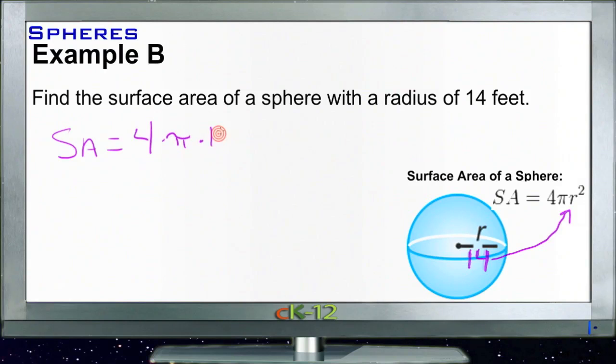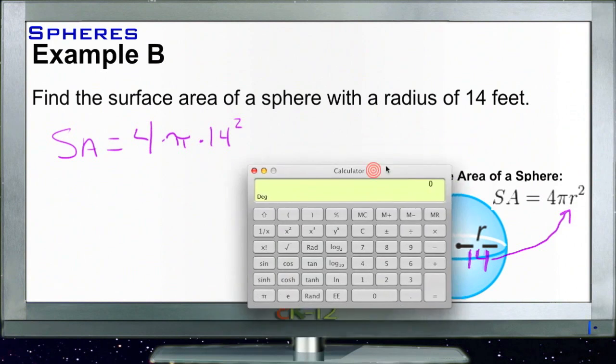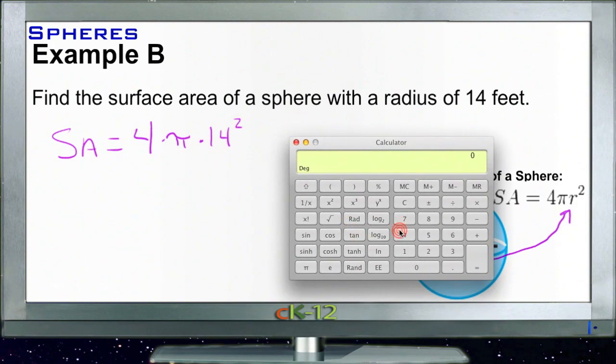times 14 squared. So let's pull out our handy dandy calculator here, and we're going to have 4 times pi, which is 12.6 or so, times, and then we'll use our little parentheses, 14 squared, so 196.